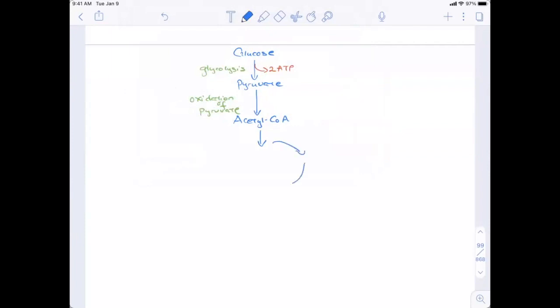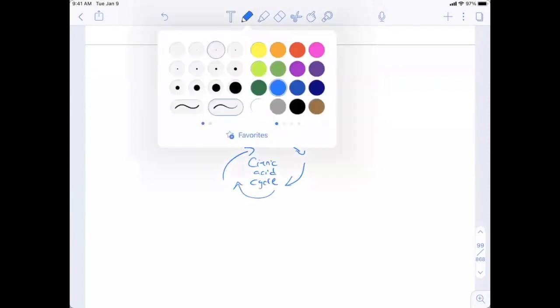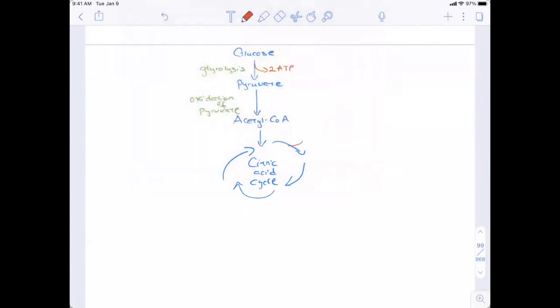So you go through a whole bunch of substrates, but the bottom line is this is your citric acid cycle. And in the process of going through it, you're going to get 3 NADH, all right? And also, these are not the exact steps, but just to give an idea, you're going to get FADH2 coming out of it.